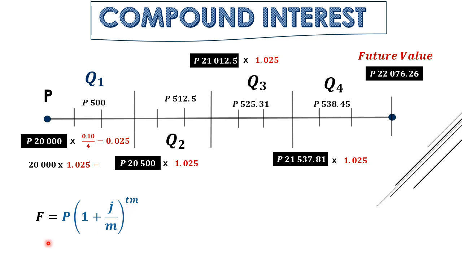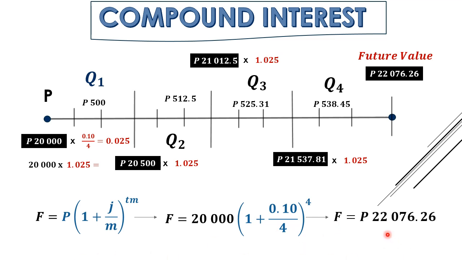We simply substitute into the formula: 20,000 times (1 plus 0.10 over 4) to the power of 4. That gives us a result of 22,076.26 pesos. So we still have the same result whether we use this way or this formula.